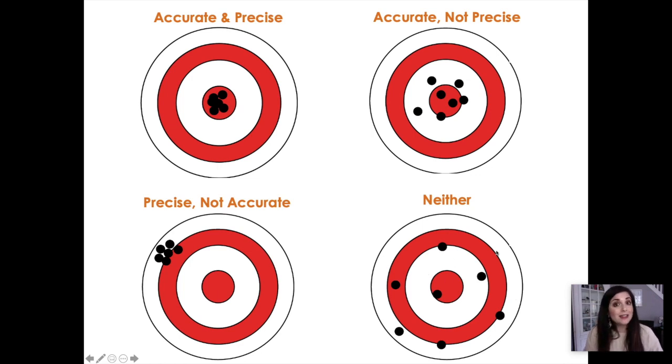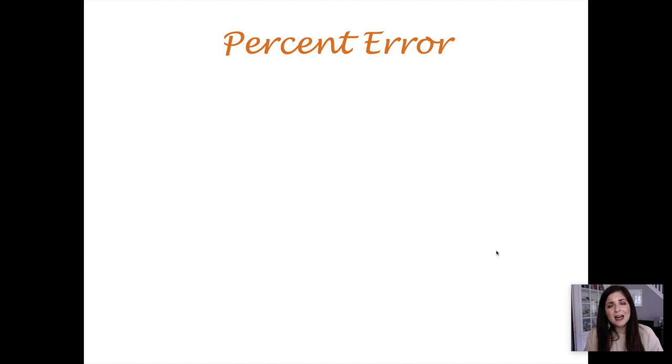Now, those are qualitative descriptions of accuracy and precision. So again, they're more descriptive. However, in the lab and in chemistry in general, we like to quantify values. We like to have very exact numbers to represent how accurate we are or how precise we are.